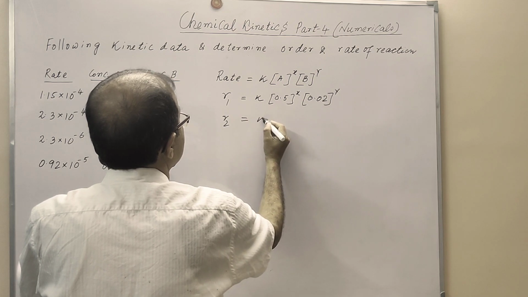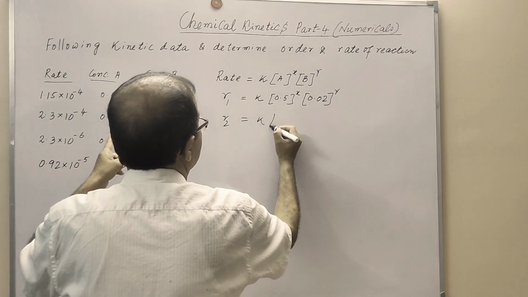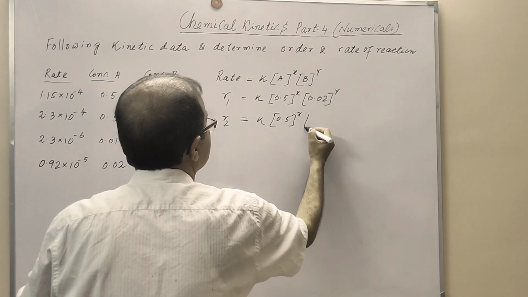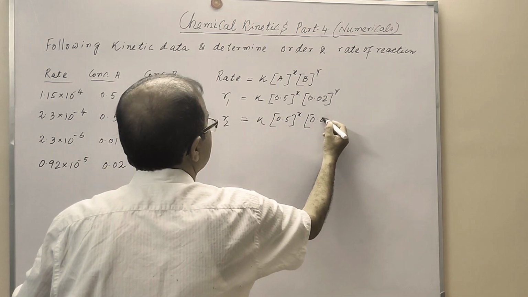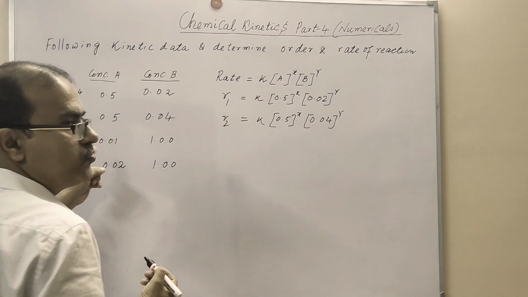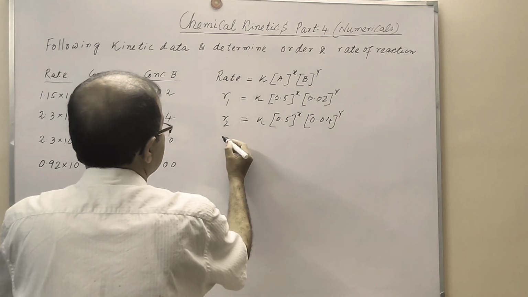R2 is given 0.5 to the power x. We are just making the rate law because we do not know what the order of the reaction is.